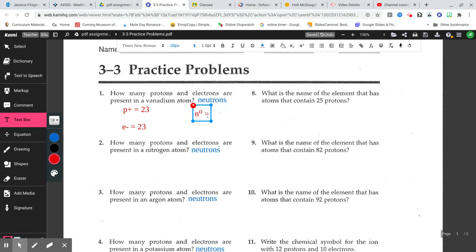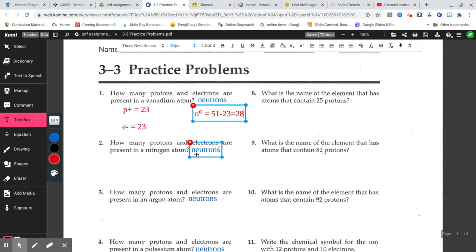And to find your number of neutrons, you look at your mass. So your mass is 50.942. So we're going to round that up to 51, minus your atomic number, which is 23. And your answer is going to be 28 for your number of neutrons.